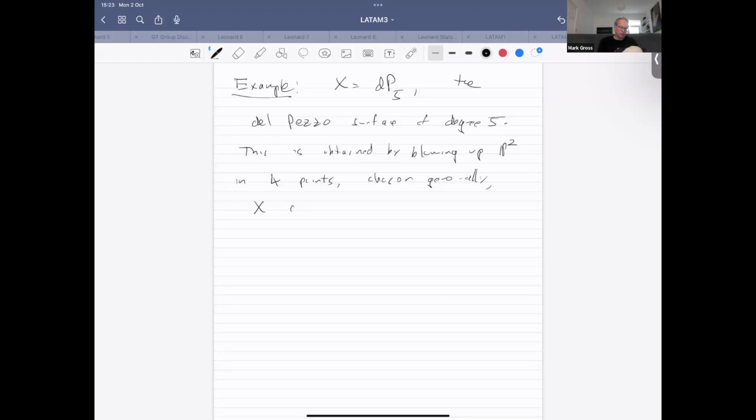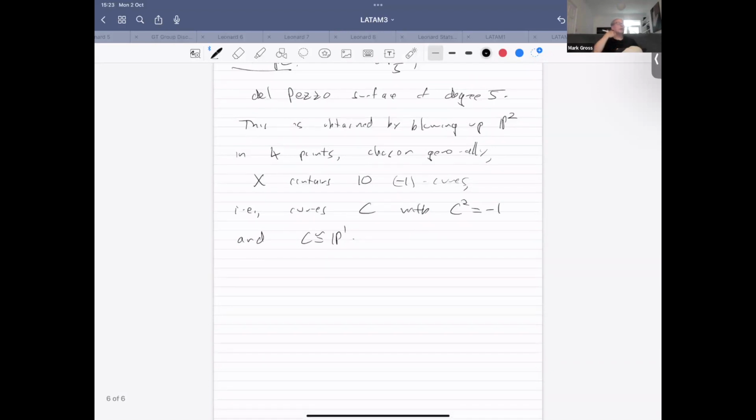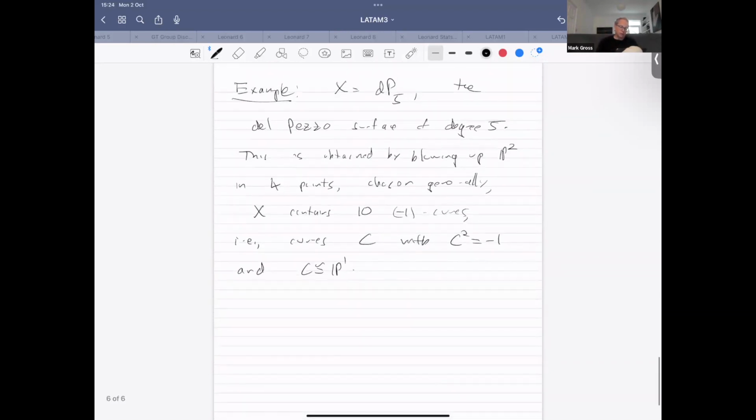So X contains 10 -1 curves, i.e., curves C with self-intersection C squared equals -1, and C isomorphic to P1. These will be embedded as lines if we use the anti-canonical embedding of X in P5.